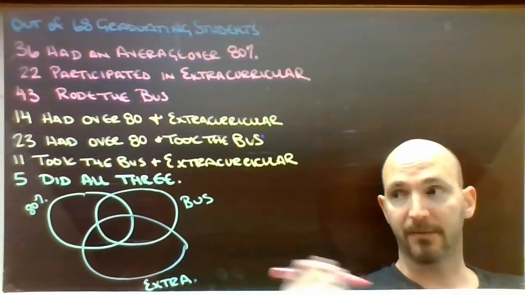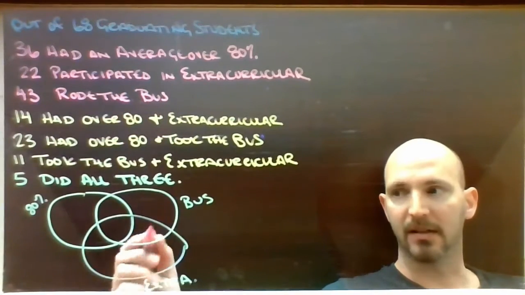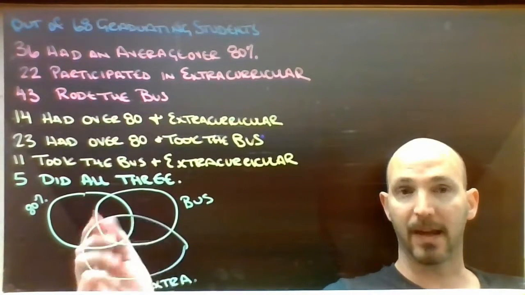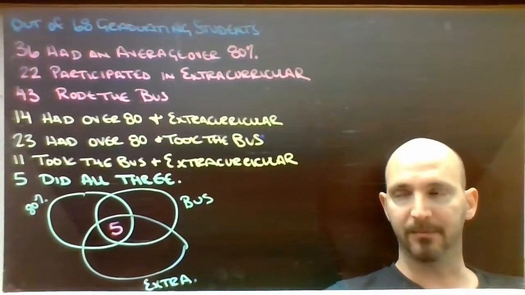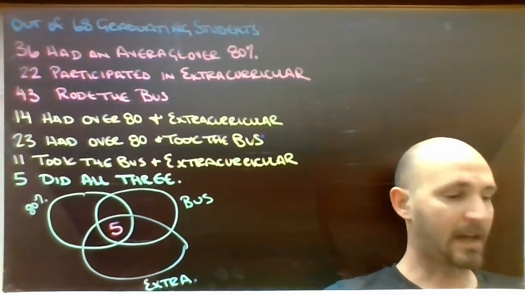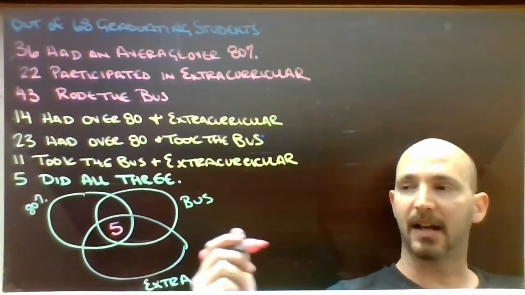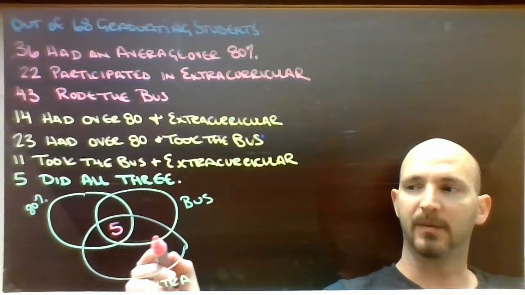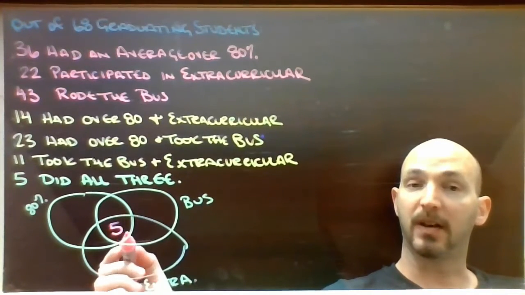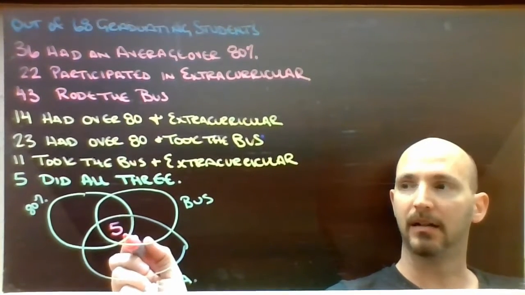So first off, 5 people out of these 68 claim to do all 3. So the place in this diagram where they go is right in the center, where all 3 criteria meet. Now, this next one, 11 took the bus and did extracurricular. So that's this section here, where bus and extracurricular overlap. But you notice that I already have 5 people in there.